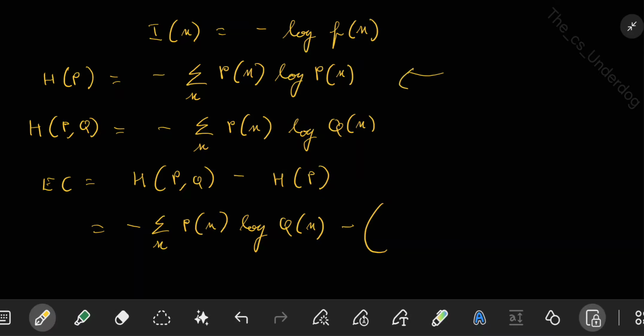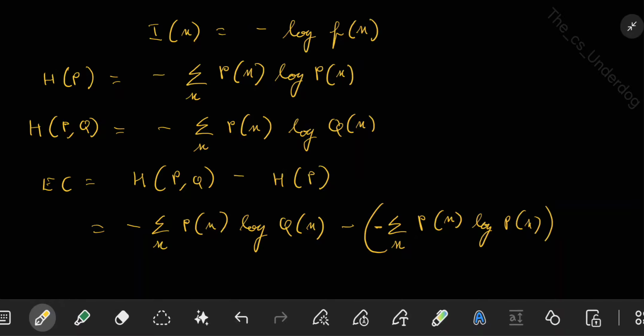H of P is, there is a minus in front, I'll put that as well. The minus I'm putting inside brackets, that is part of this formula: sum over all the x, P of x into log P of x.